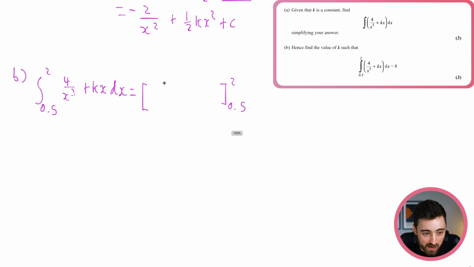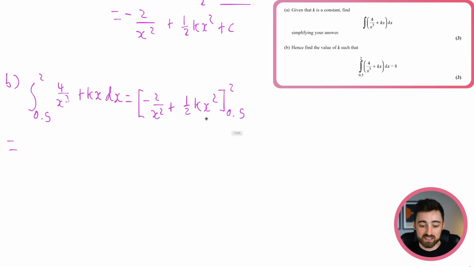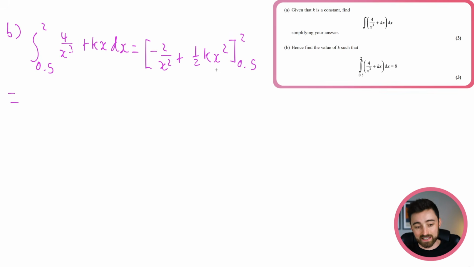Sweet. So yeah, going back to part B, whatever's in here is just going to be this, but you don't need a plus c in a definite integral. I have explained that in another video, can't really be bothered going through it now. So all we do here is we just sub 2 into this, sub 0.5 into this, and we should be laughing.